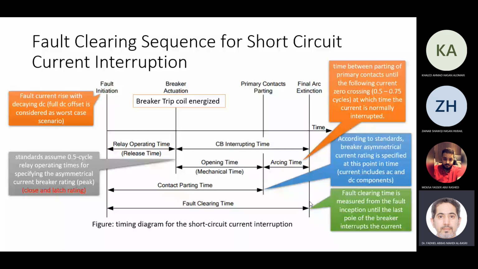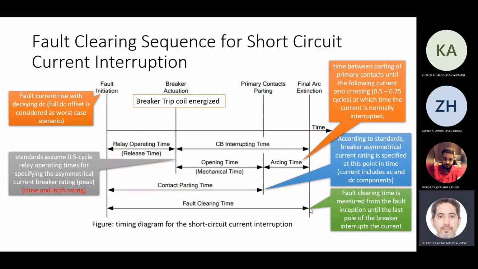Because in a 3-phase system where you have one breaker in each phase, some of the breakers will open before the others, okay? Because let's say vacuum breakers operate when currents cross zero. So it makes some phases operate before the others.